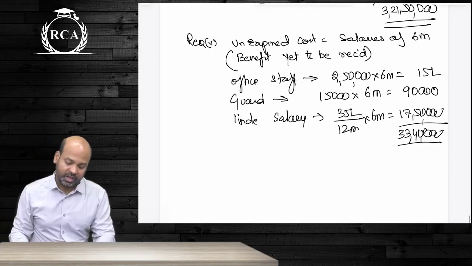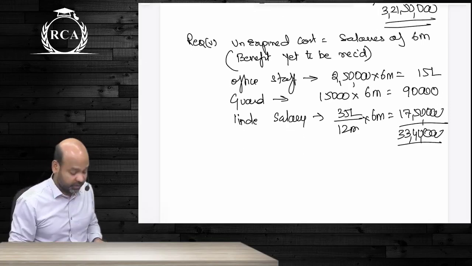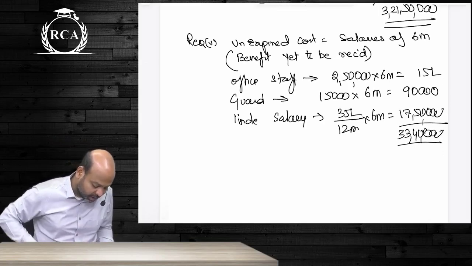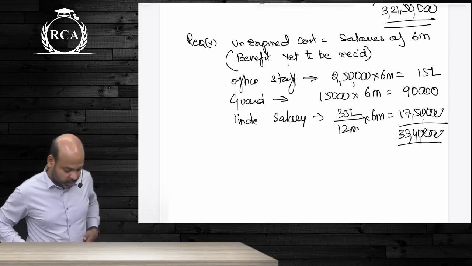The question only says salaries. Write this also better. This is the unexpired cost. I'll just answer the 4th bit and then we are done.